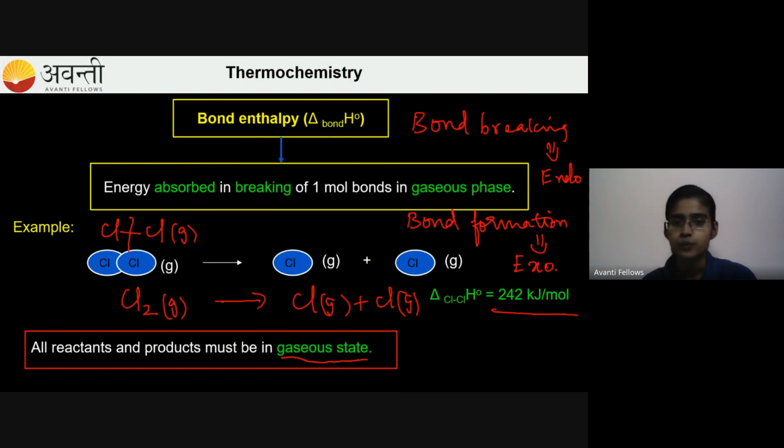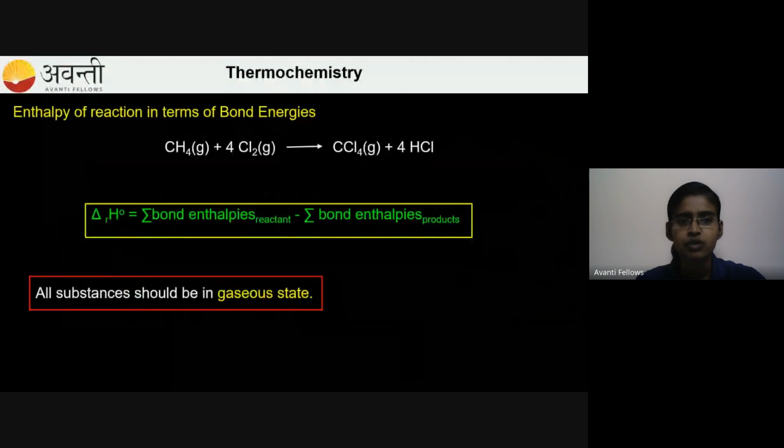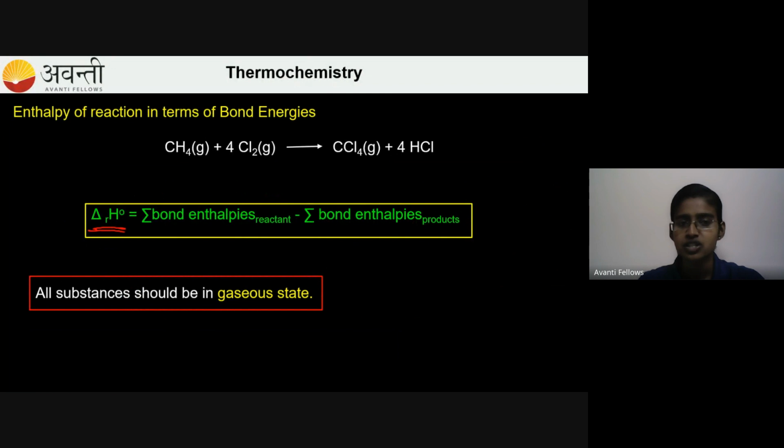So what I was telling, we are discussing this bond enthalpy. Fine. So it is a bond breaking process, so it is endothermic in nature. Now, if I want to find the delta H R naught from bond enthalpy, to find the standard enthalpy of reaction using bond enthalpy, you have to use this relation. Summation of bond enthalpy of reactant minus summation of bond enthalpy of product.